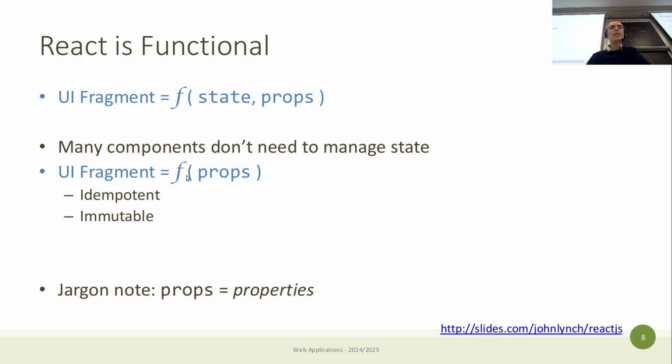The fact that the component is just a function of props means that if the props, or the state plus props, are the same, the component is going to render itself in the same exact way. So it's idempotent, meaning the result is the same: if the props or the state plus the props are the same, the visual result is the same.